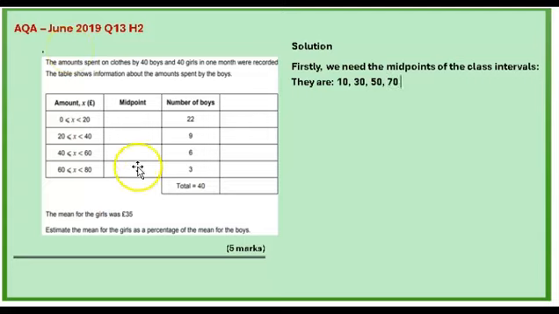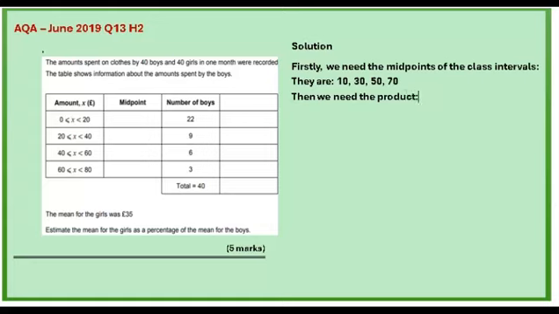Then after you have that, we need to calculate the product of the frequency for each class and the midpoint. So that's what we do here. We'll find how much those products are.